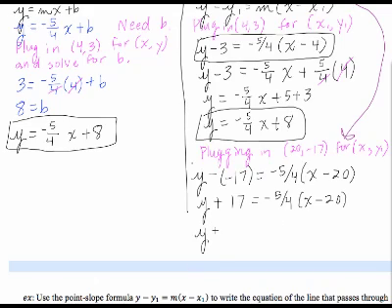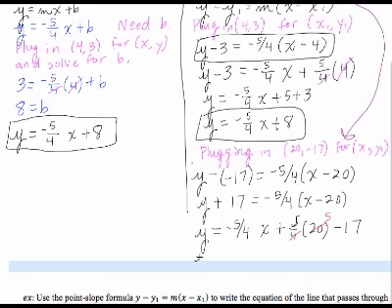I'm going to do two things at once. I'm going to move the negative 17 over and distribute the negative 5/4. Negative 5/4 times negative 20 is going to be positive 5/4, that's a 5, times 20. Then I'm going to move this 17 over, so it'll become negative 17. Simplifying, 20 divided by 4 is 5.